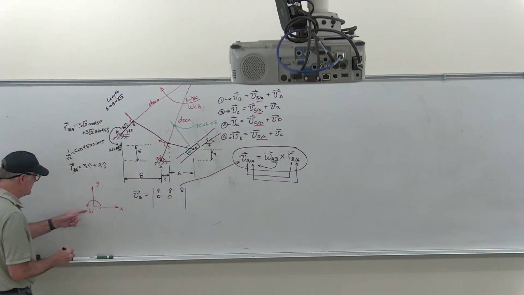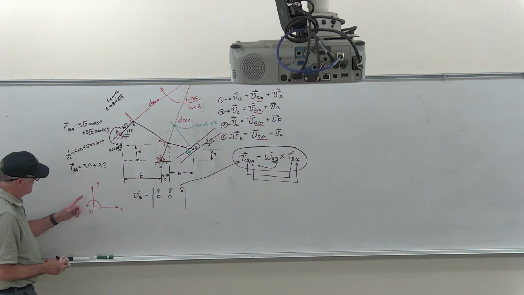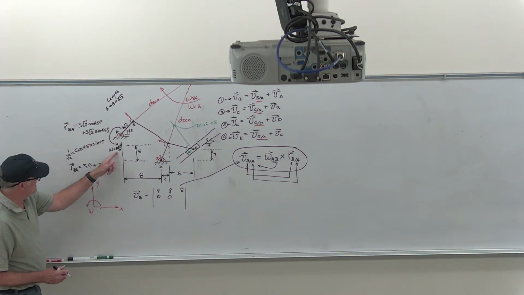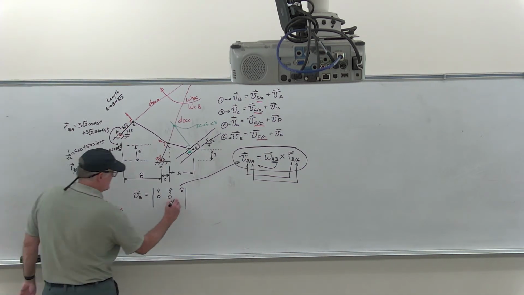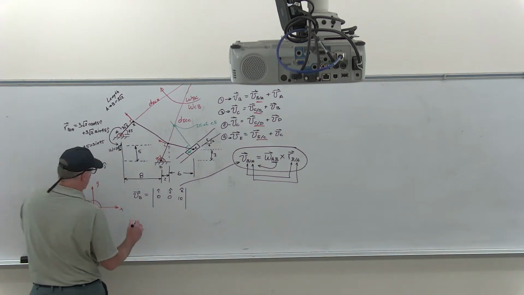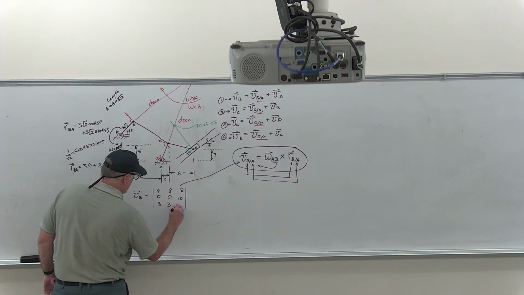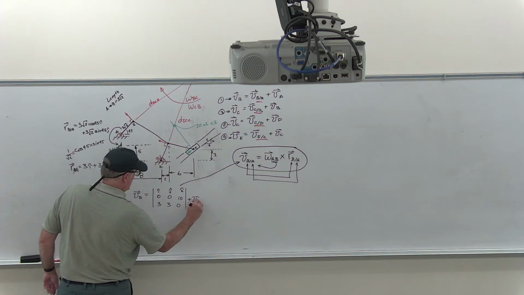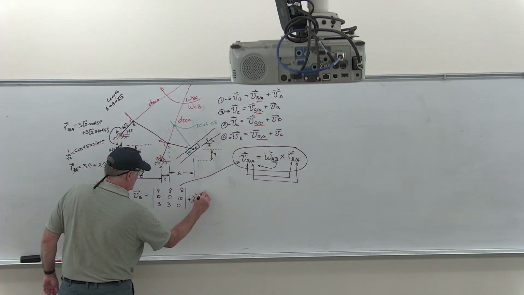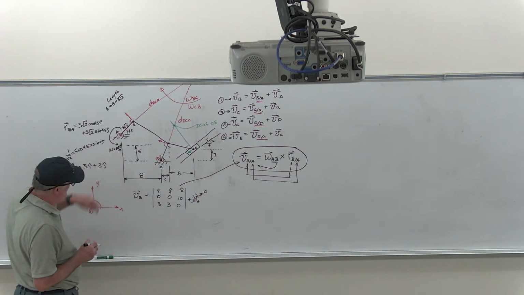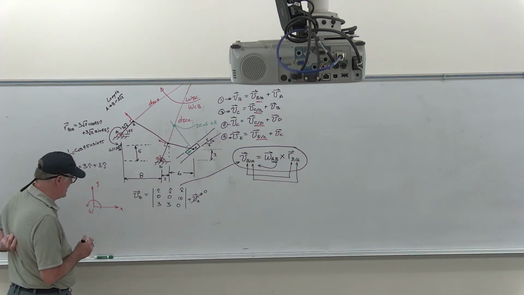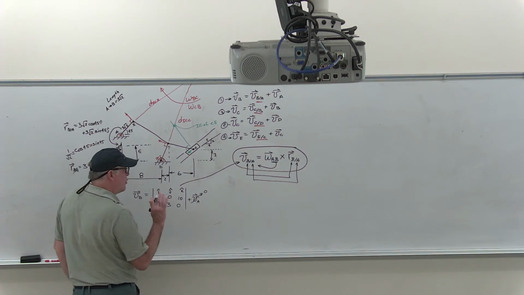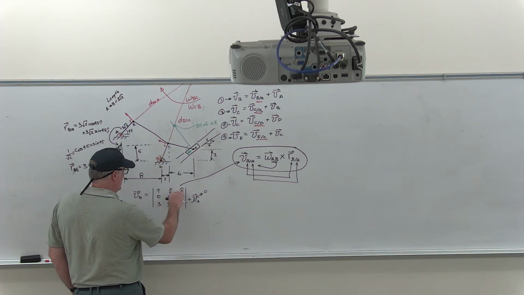So that gives you a positive coordinate. Turns out that's 10 going in that direction, so that should just be 10. And then I get 3 and 3 and 0 plus velocity of A. So lo and behold, that's 0 because it's pinned right there. And so what you end up with is a portion from A. You don't end up with anything from k.